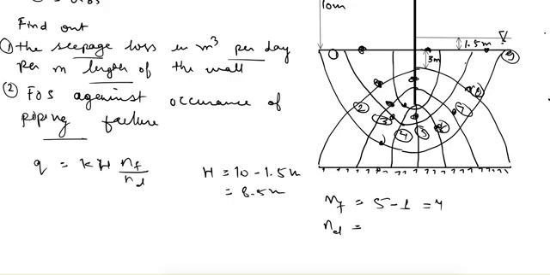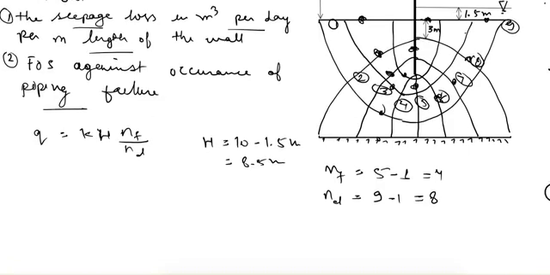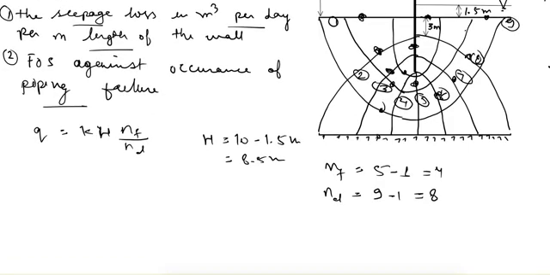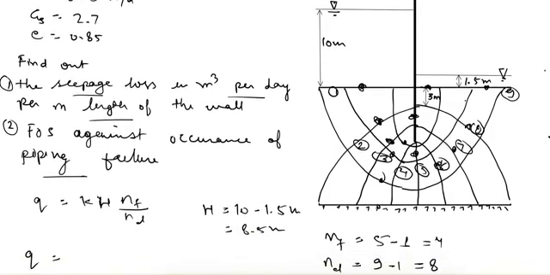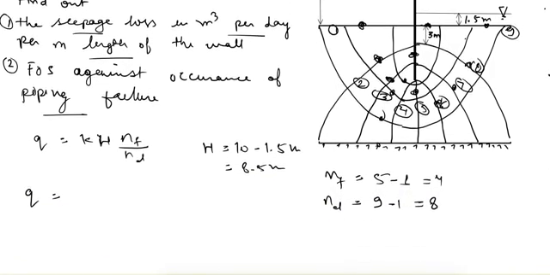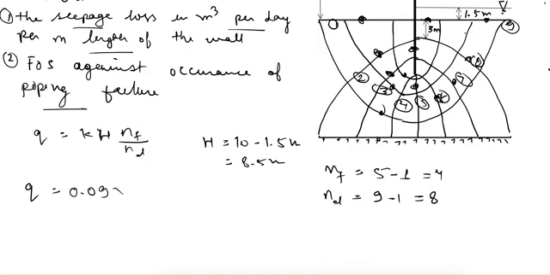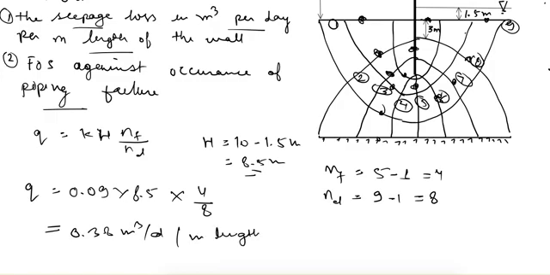So equipotential drops will be 9 minus 1, that is 8. Putting these values here, seepage loss will be K, which is 0.09 meter per day, into total head 8.5 meter, and Nf by Nd is 4 by 8. It comes out to be 0.38 meter cube per day per meter length of the wall.